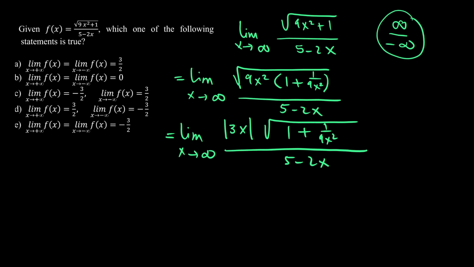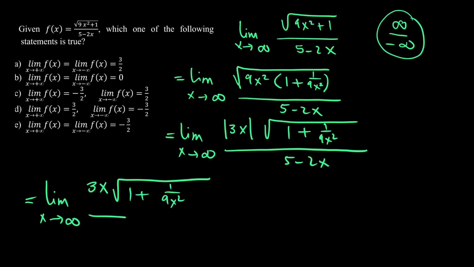Now we do not need the absolute value because everything is just positive. So this is going to be equal to the limit as x goes to infinity of 3x times the square root of 1 plus 1 over 9x squared divided by 5 minus 2x.